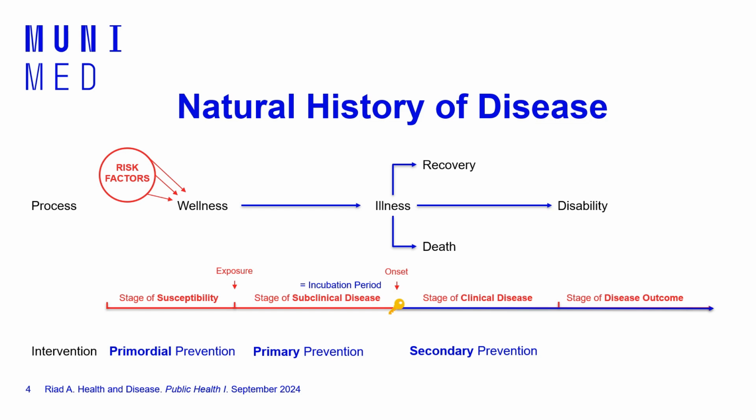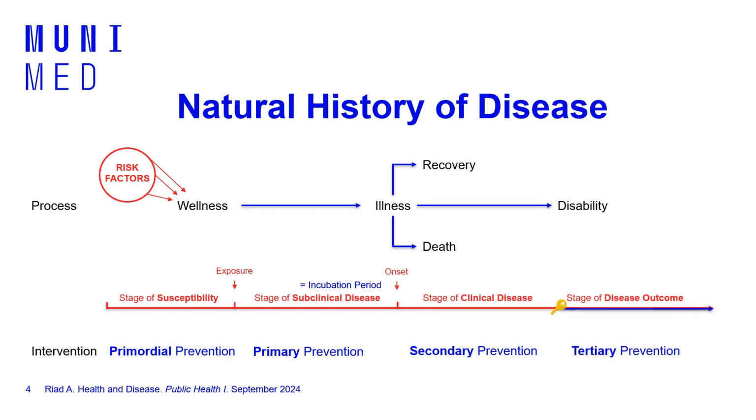So this happens only by screening and checkups. So regular or frequent checkups and mass screening are the best examples for doing secondary prevention, because by this you can discover the individuals who have the stage of subclinical disease, or have the disease while it's silent, and find the disease in them and start to treat it at this early time.